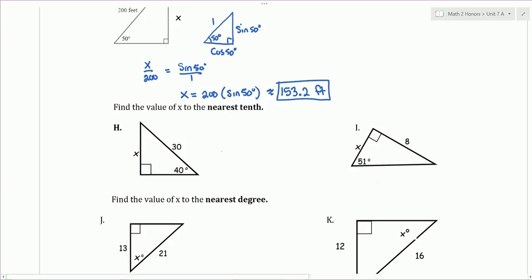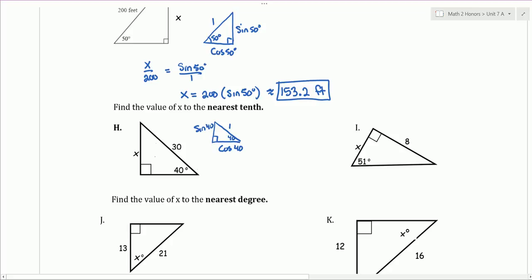On part H, we're going to draw another triangle that's similar. It's got a 40-degree angle, 90-degree angle, hypotenuse of 1. There's the sine of 40. Here's the cosine of 40. And I want to solve for x.